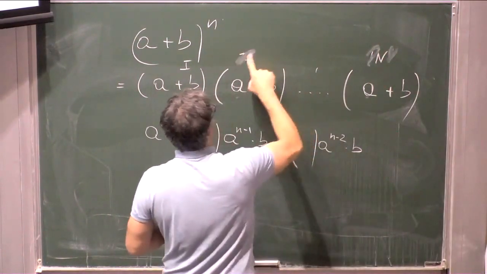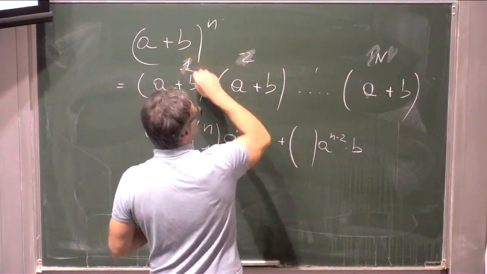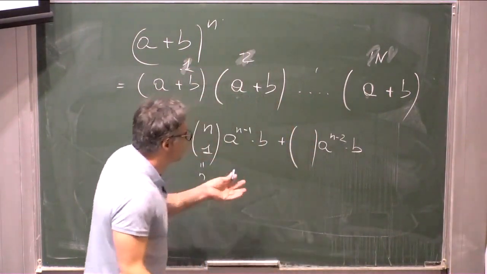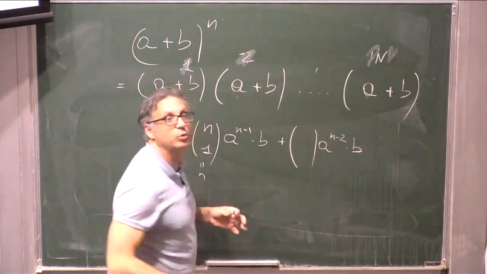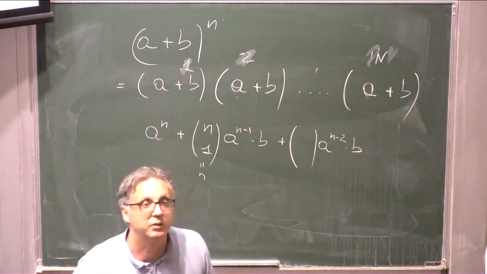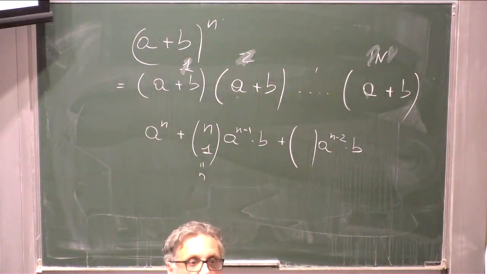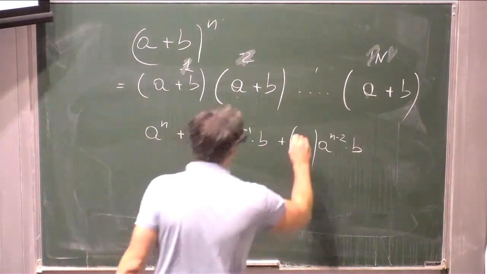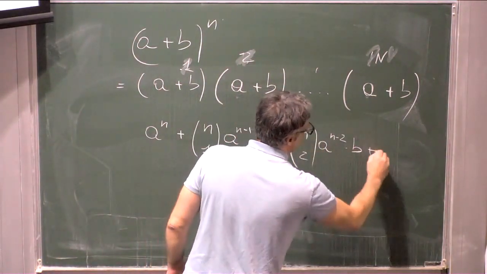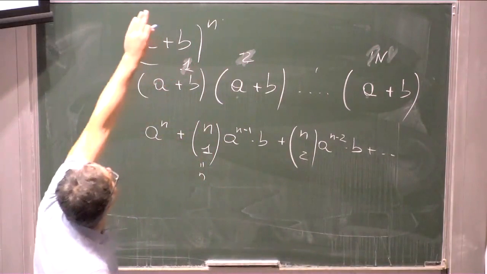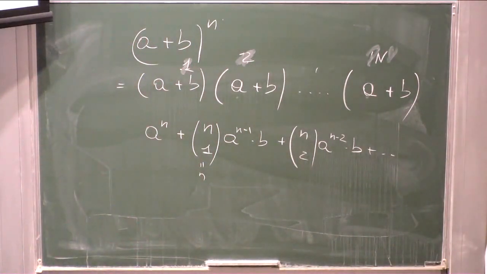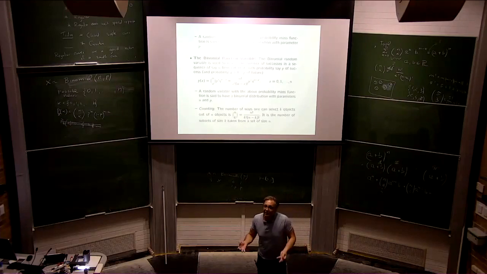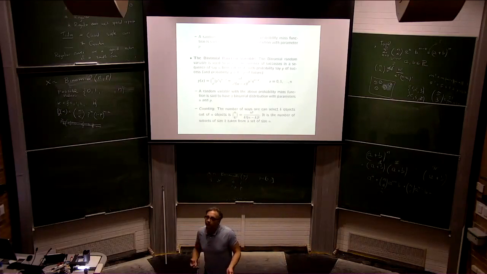I have to choose 2 among them to give contribution b. The rest will be a. So I choose 2. And guess what? You keep going in the same fashion. You get the sum that is on the left. This is better than induction because it tells you where it's from.